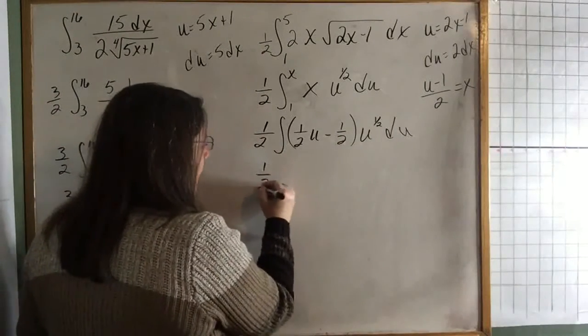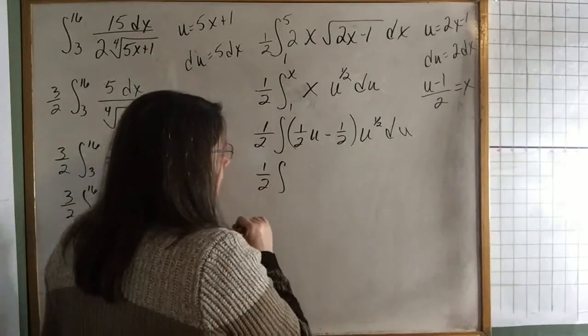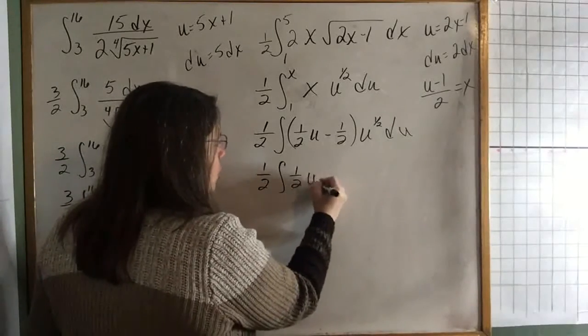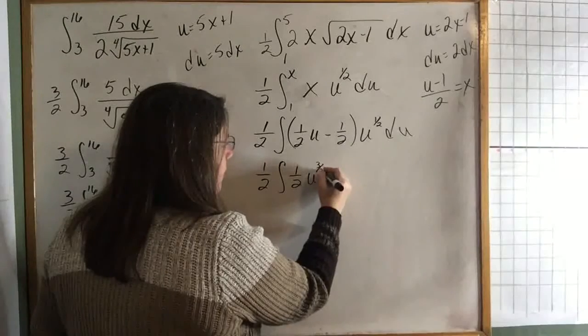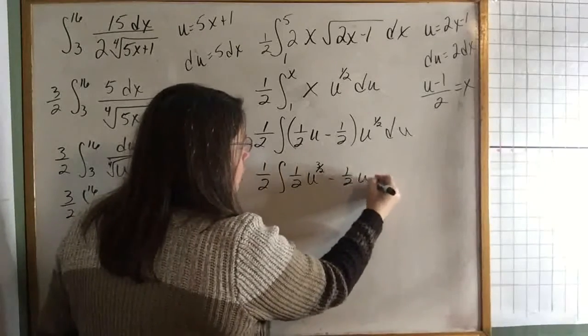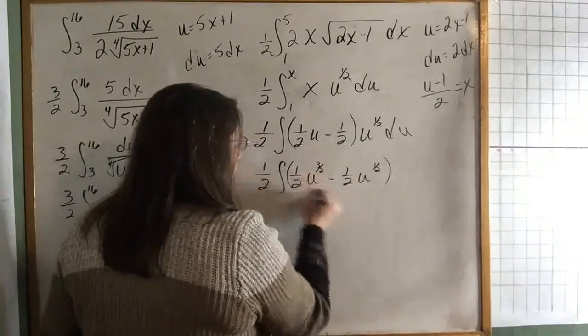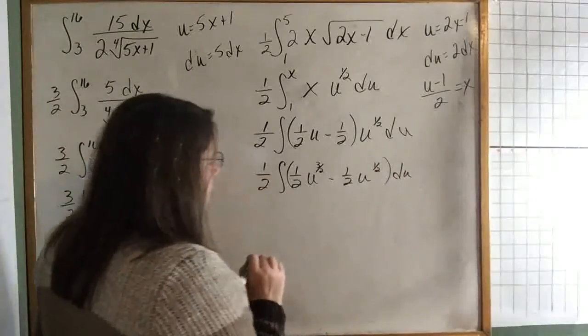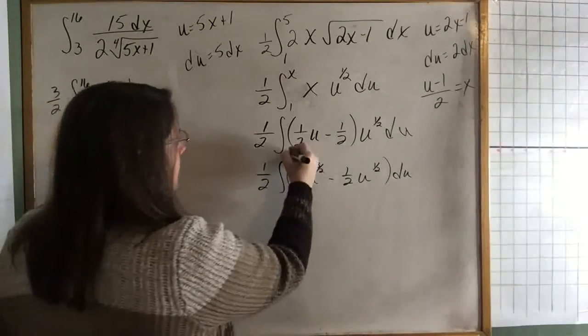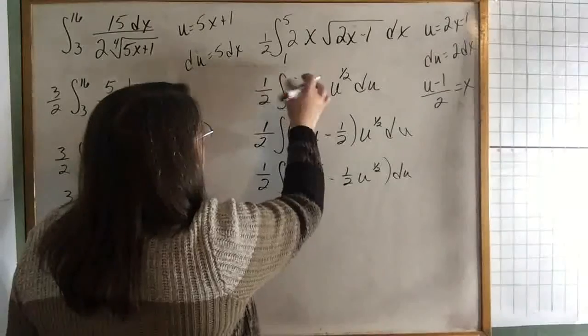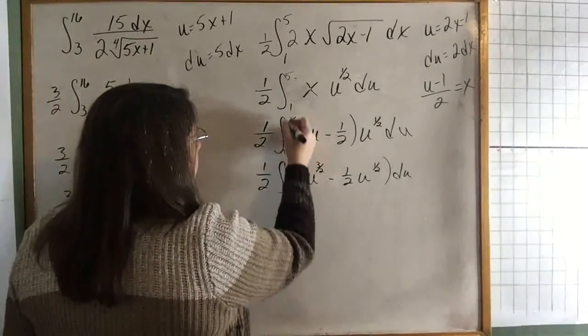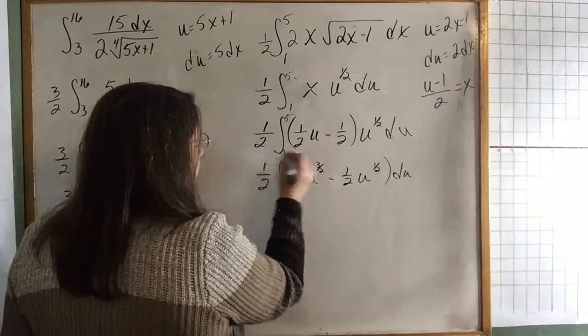So I have a 1/2 times the integral of 1/2 u to the 3 halves minus 1/2 u to the 1/2 times du. And let's see, that integration goes from 1 to 5 for all of those.